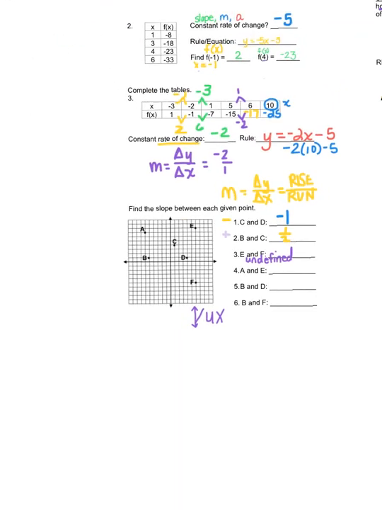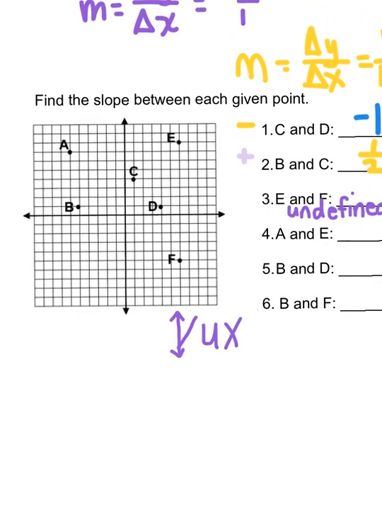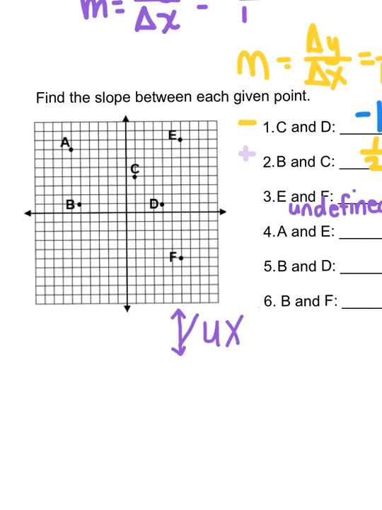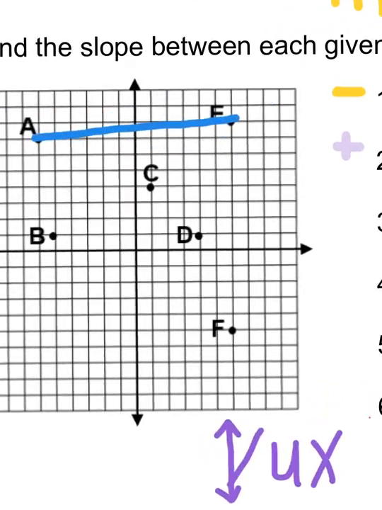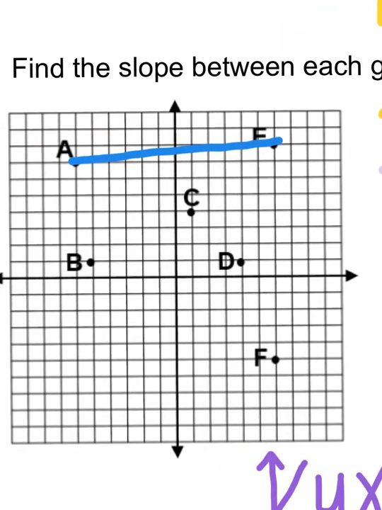Let's move on to number 4, where we have the slope of the line between the points A and E, or the slope of the line that goes through the points A and E, I should say. So when we're counting, we'll do rise over run. We count up or down, whichever way you like, but I went up, so that's positive.